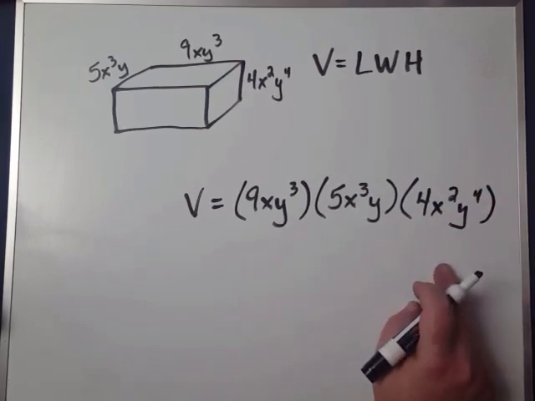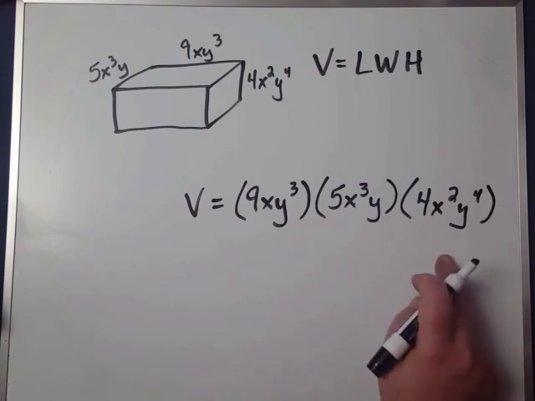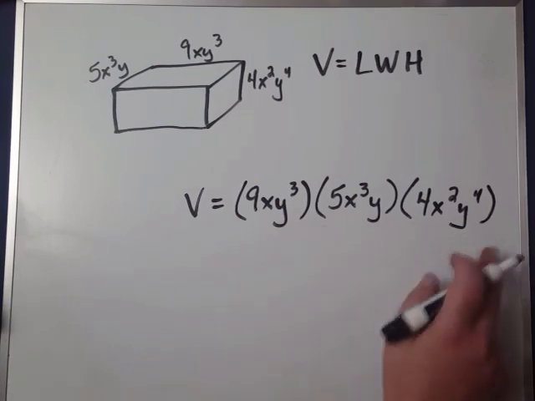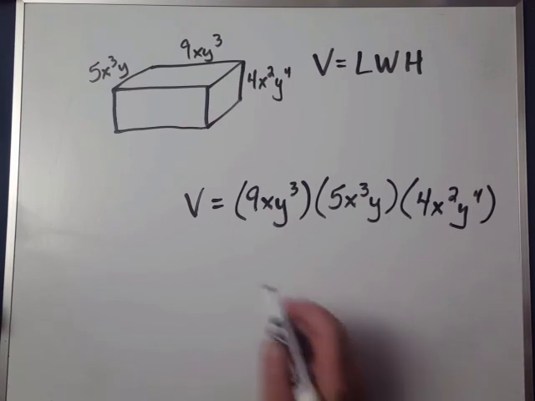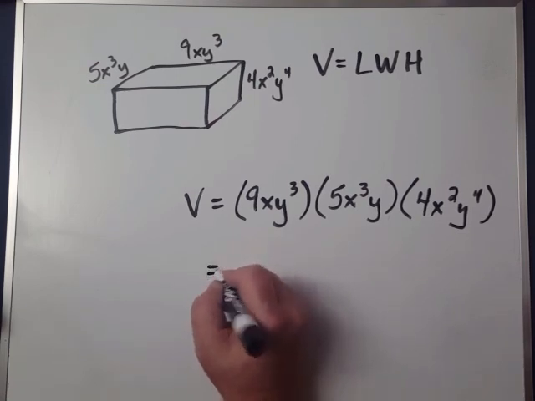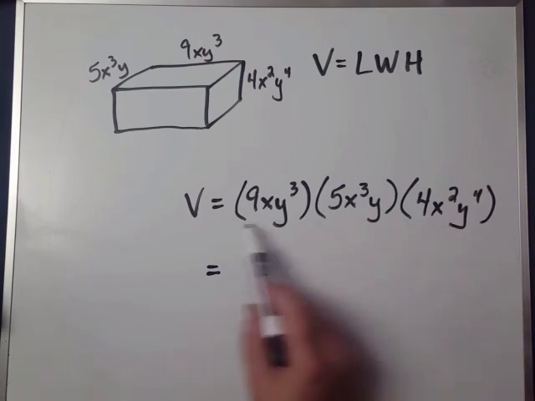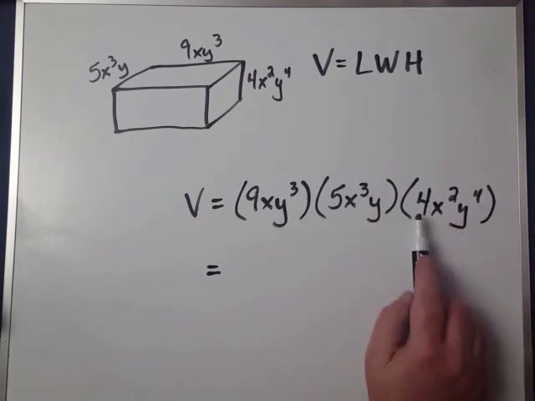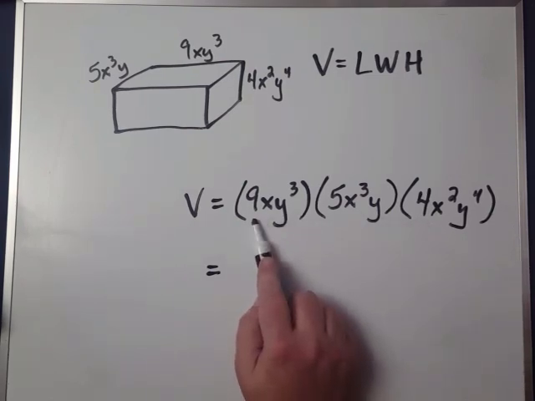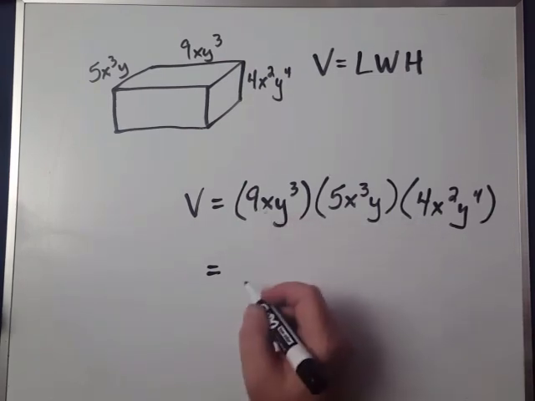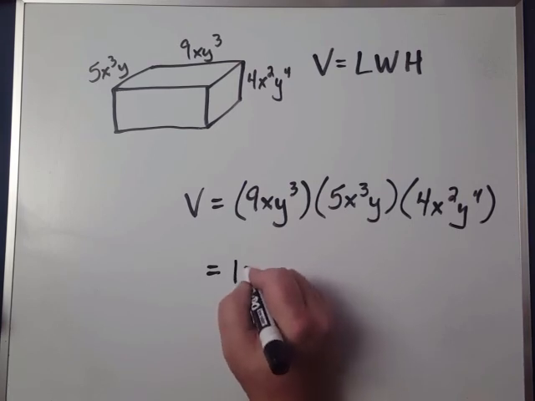But you know that multiplication is commutative, so it really doesn't matter what order we end up putting those in. In our head, we're going to drop the parentheses because multiplication is also associative. And we're going to multiply. I think the easiest way to deal with our numbers is to say 5 times 4 is 20 times 9. 5 times 4 is 20, and 20 times 9 is 180.